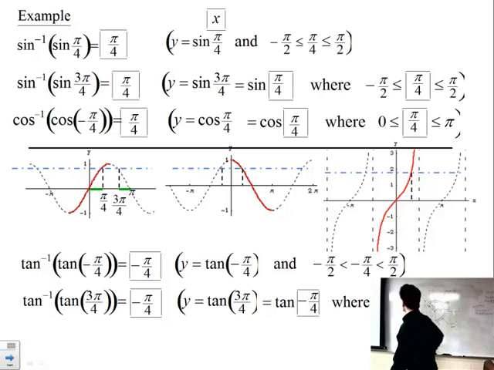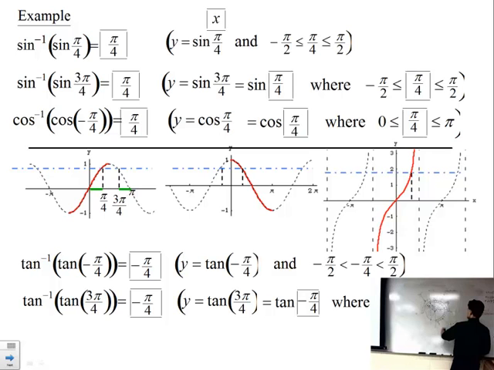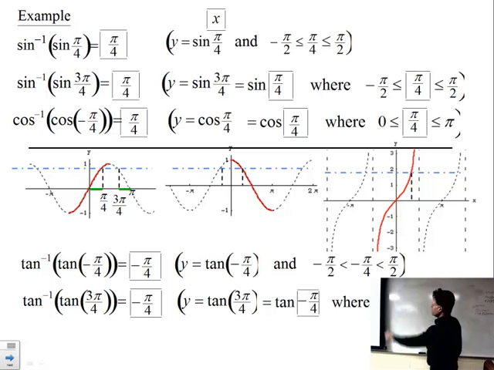So this is getting cluttered, so I'll draw another picture. So 3 pi over 4 is where? It's up here. It's this thing right here.